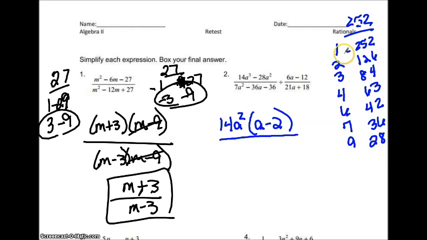Signs are different. The large ones are negative, and they have to equal 36.